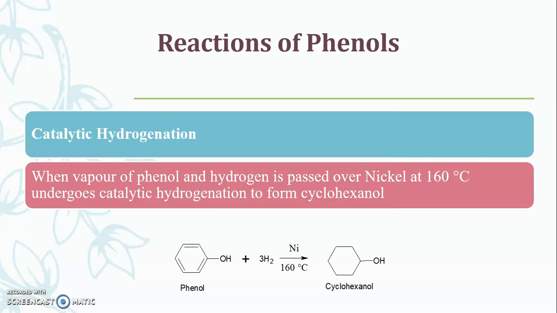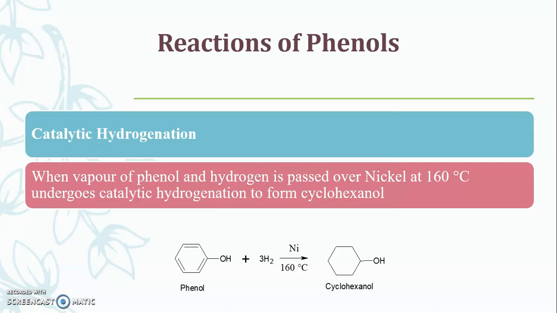Then the last reaction that we are going to discuss is catalytic hydrogenation. What is the meaning of catalytic hydrogenation? When a vapor of phenol and hydrogen is passed over nickel at 160 degrees Celsius, it undergoes catalytic hydrogenation to form cyclohexanol. So catalytic hydrogenation is nothing but the addition of hydrogen.